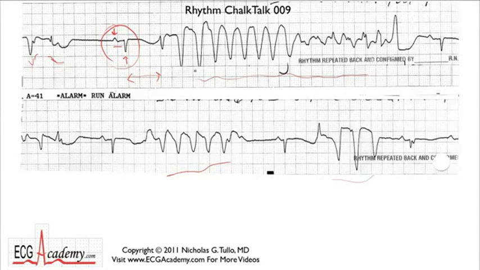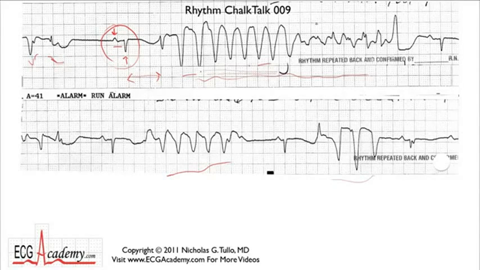But then you've got these wide complex beats starting at a rate of about maybe 160 beats per minute, and then it speeds up somewhat. It gets to be almost 180, close to 200 beats a minute at the end, and then it seems to change, doesn't it?